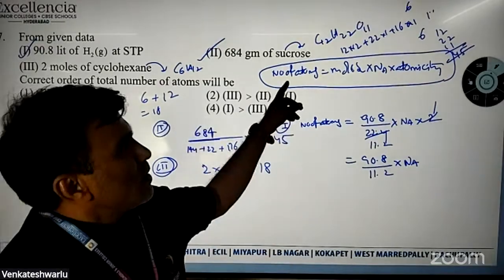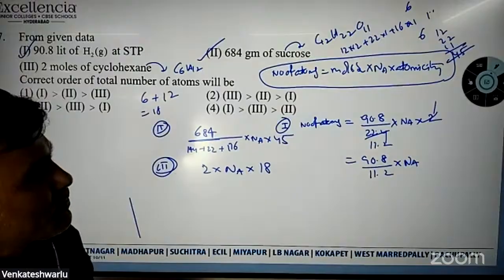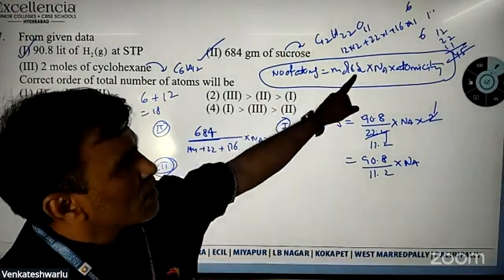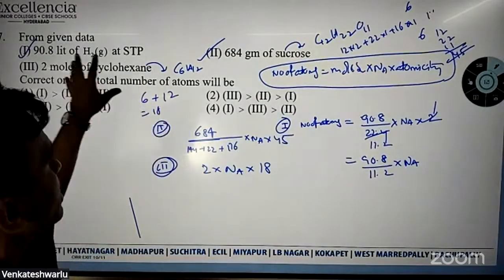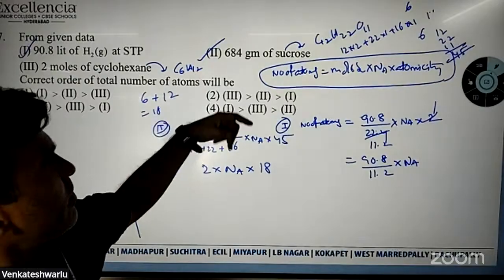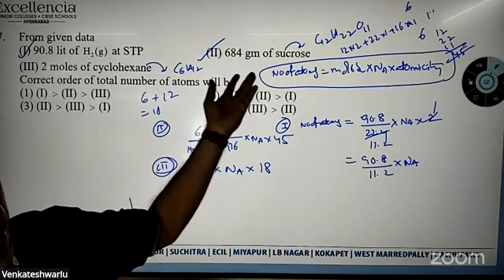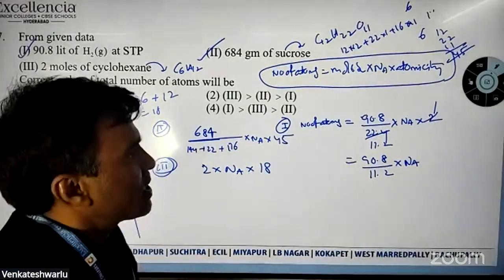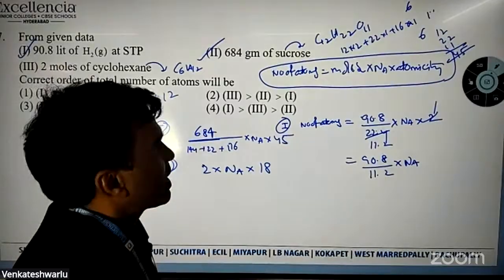So here, a very basic question from the mole concept is asked. Number of atoms is equal to moles into Avogadro number into atomicity. In the first case, volume is given at STP, then given volume by STP volume 22.4, into Avogadro number into atomicity.